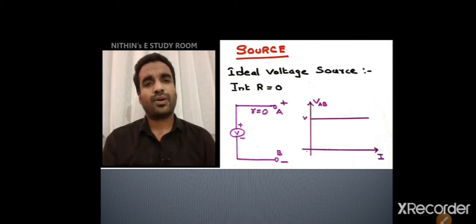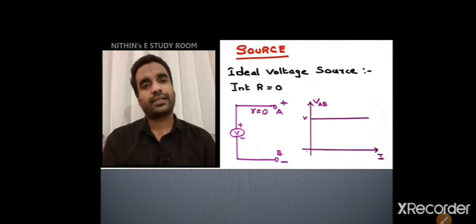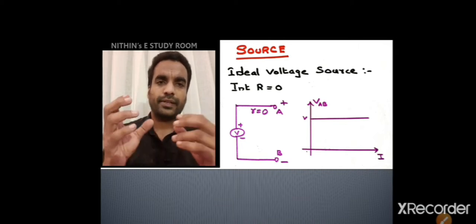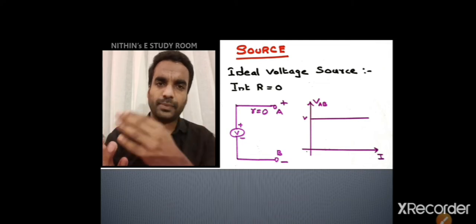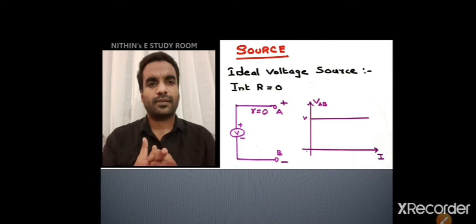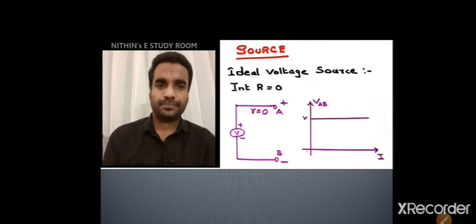So if you have a battery and you connect its plus terminal to a DC lamp, and its minus terminal is also connected to the same lamp, we know that the current from the voltage source will pass through the lamp.